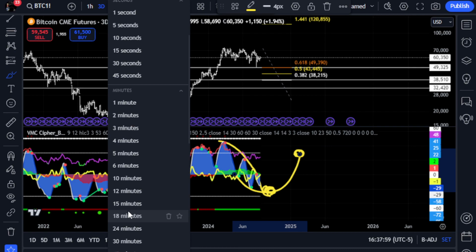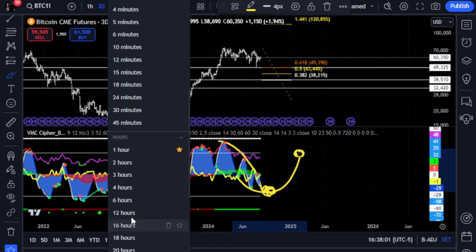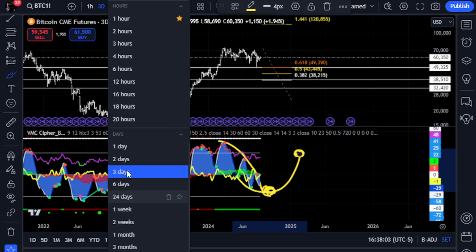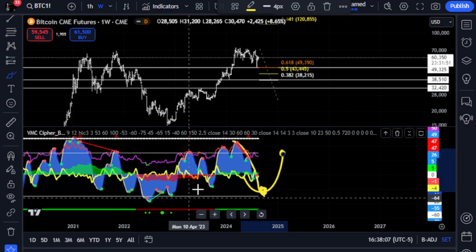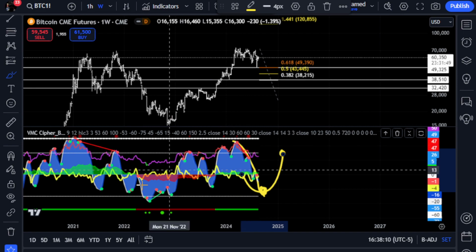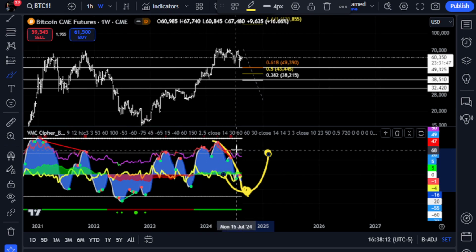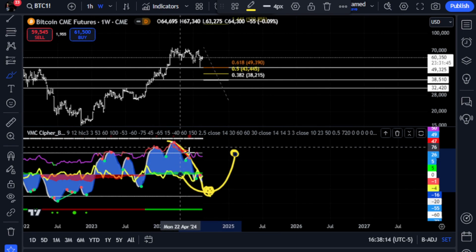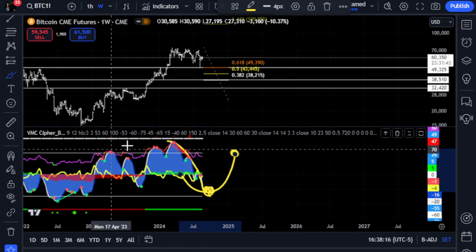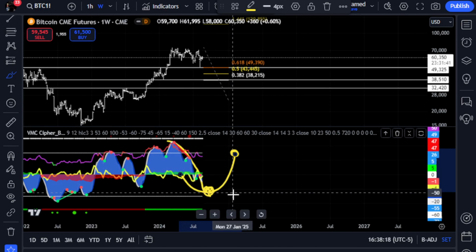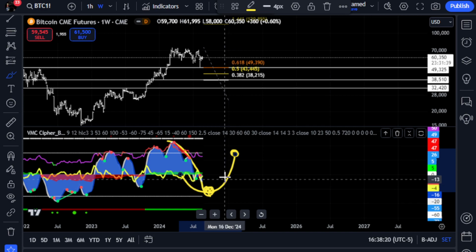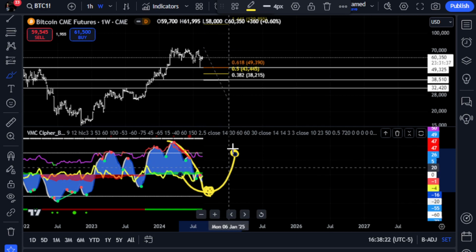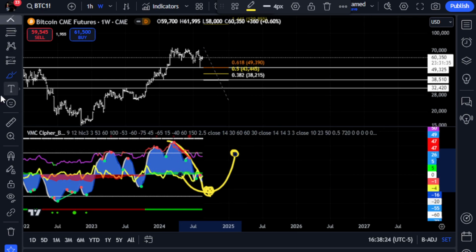So let's go back to our weekly and see how that high time frame correlates to that 3-day, which is just zoomed in more. So here, our waves built their way out to the upside, and you can see this, but if we follow this series of waves, we would expect this to be more out here, giving us room for this push to the upside.